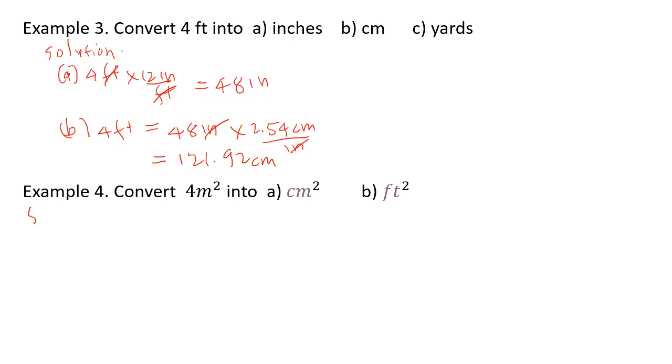So we have this one, letter C. Letter C equals 121.92 centimeter times 1 meter over 100 centimeter times 1.09 yard over meter.